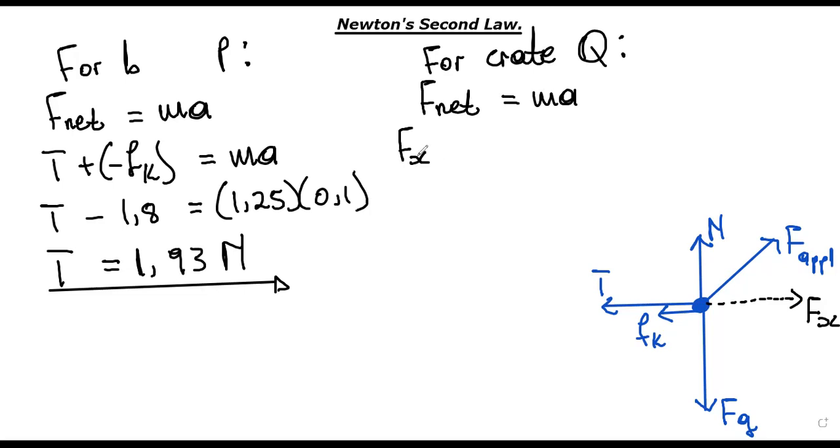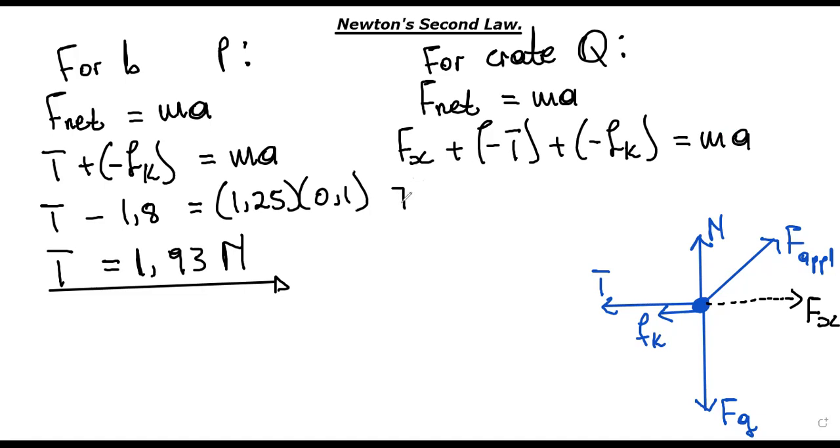So you say F in the X plus what? The negative of the tension force plus the negative of the kinetic frictional force. Everything equals MA. Now, what is F in the X? We know that it's F cosine theta. But what is F? F is 7.5, and then you say cosine theta.